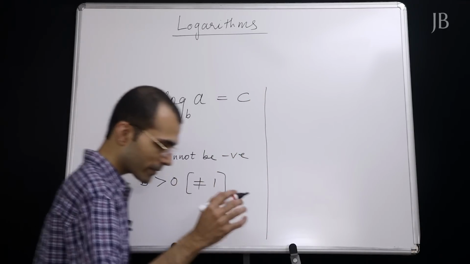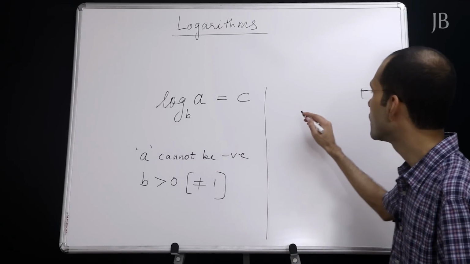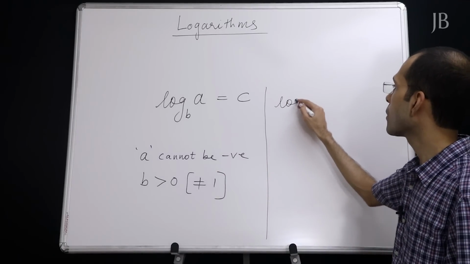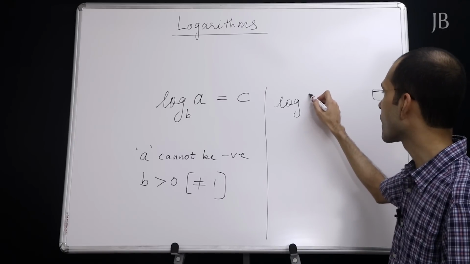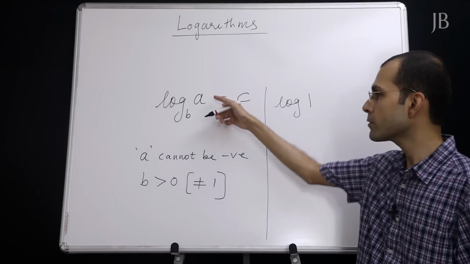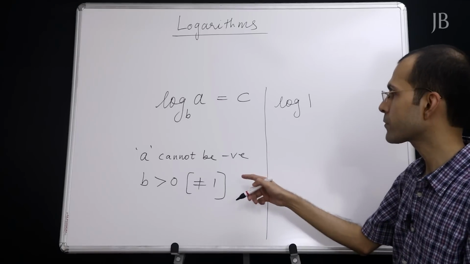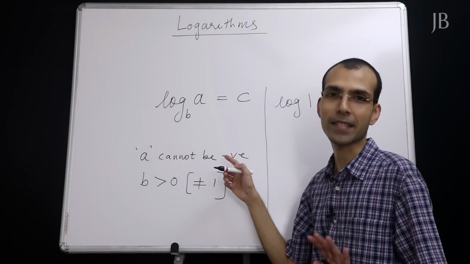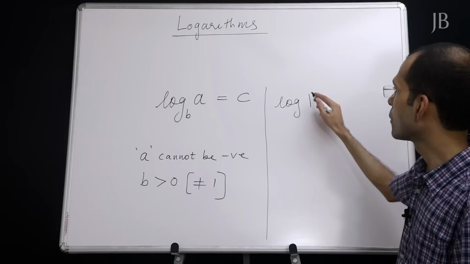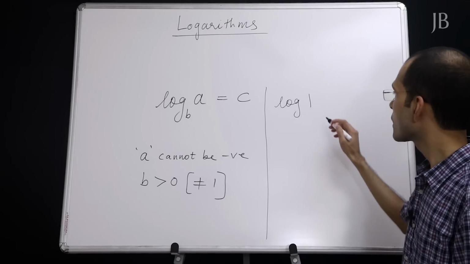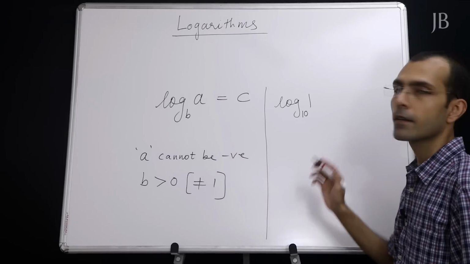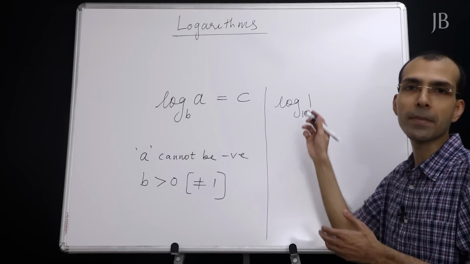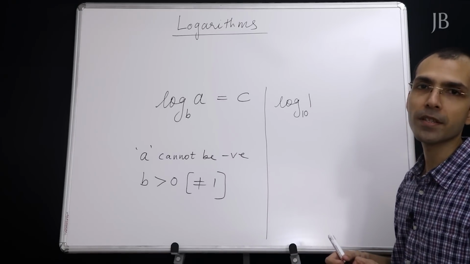Now few other things. Log of, let's take it as 1. A is not a problem, because what is the restriction? A cannot be negative. Log of 1 to the base 10. How much will this be?